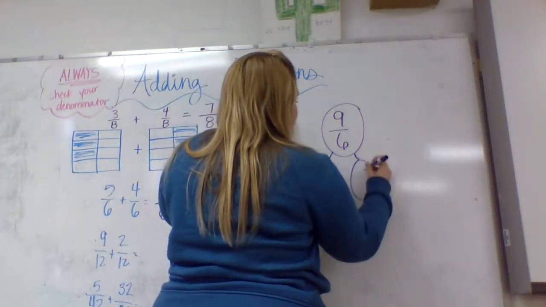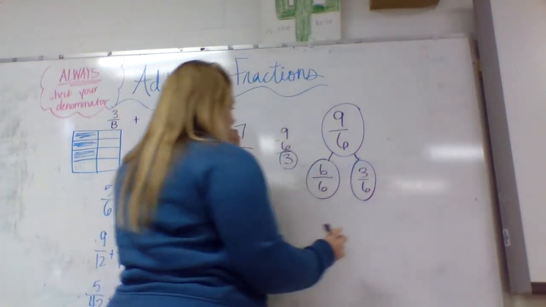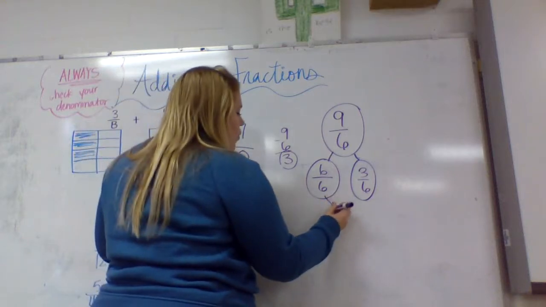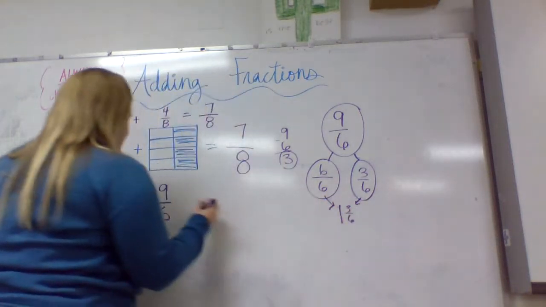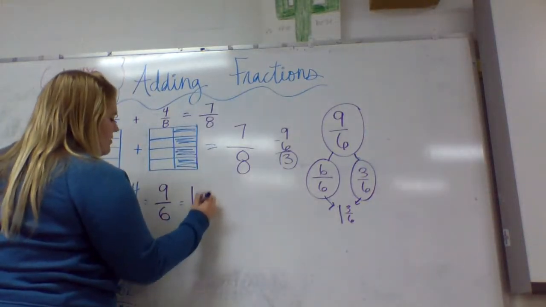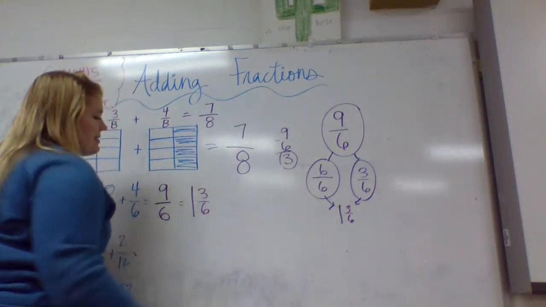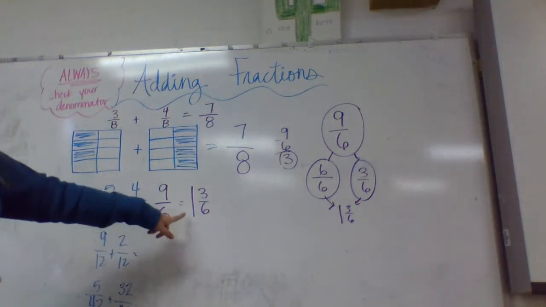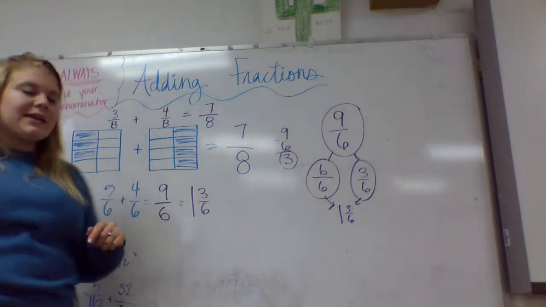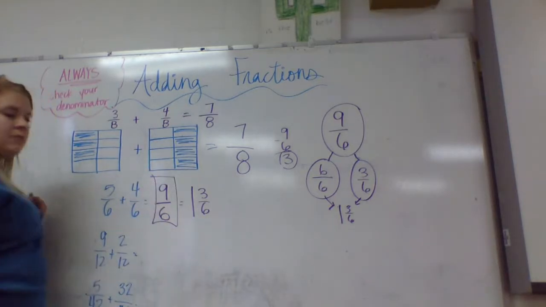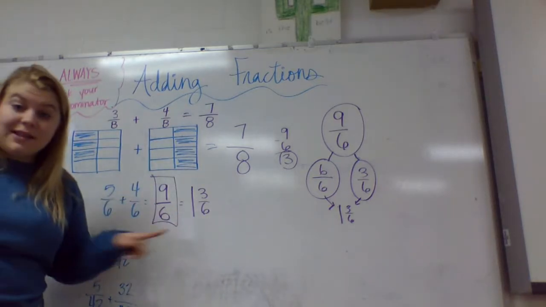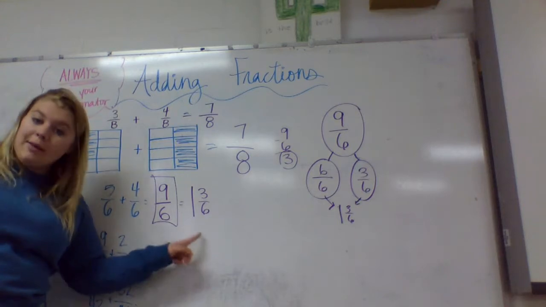So that's the fraction that I have left over. So I have 1 whole and 3/6. So 5/6 plus 4/6 is 9/6, or if we convert it to a mixed number, it's 1 and 3/6. PLP is going to let you stop right here. This is just, you're going to see this in 5th grade, so I'm just going to show it to you.